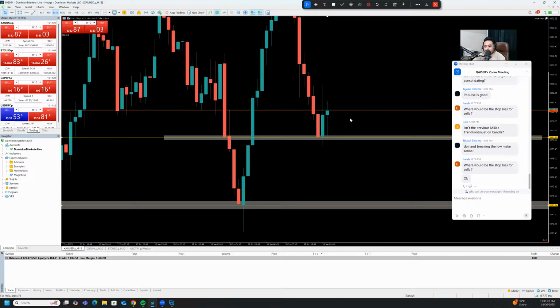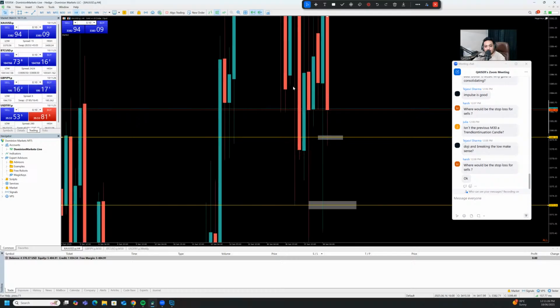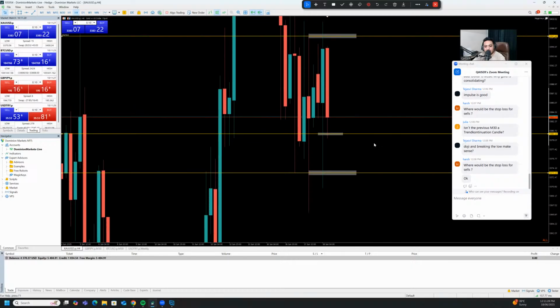Bro, for sells, what about the support on the 4 hour? We have a wick. Don't get into some kind of overthinking. You are just going to face this wick on the left hand side. Don't worry about what just happened here. Just look at the current position you're facing on the left hand side.